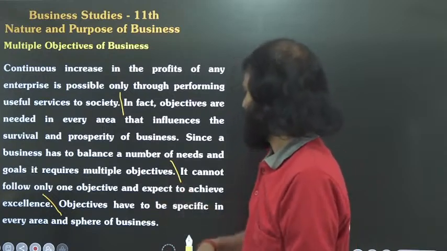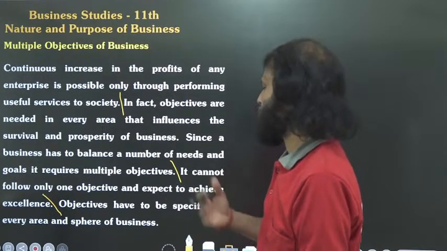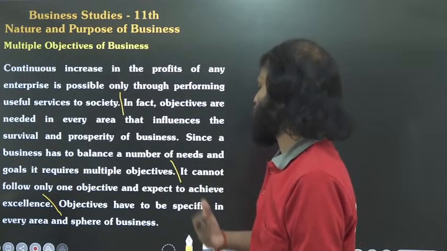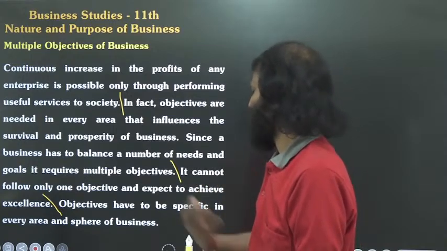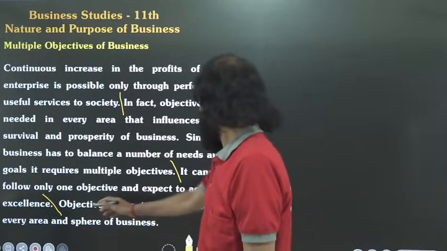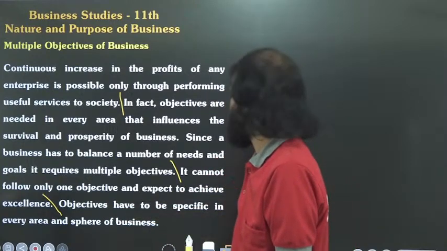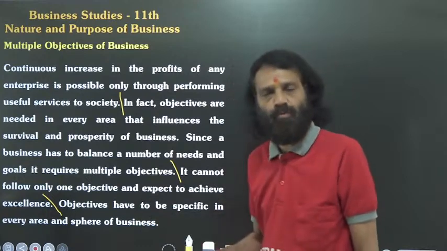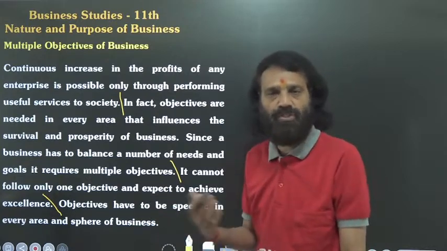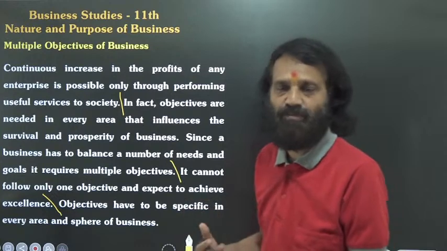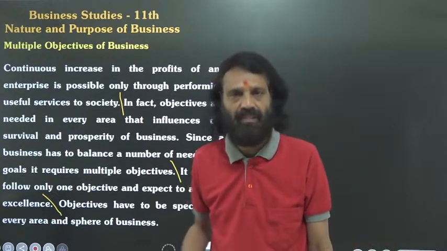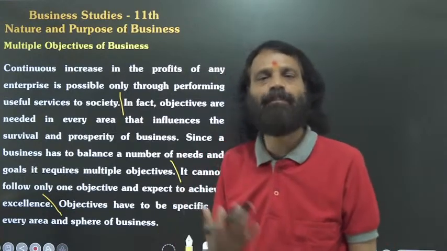Similarly, in business also we wanted to apply various kinds of objectives, goals, strategies. Objectives have to be specific in every area and sphere of business. So, objectives and also the methods, strategies must be implemented in a better way in order to increase the business.